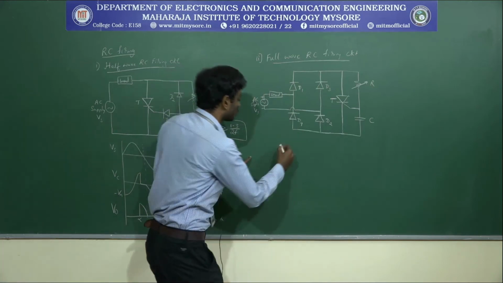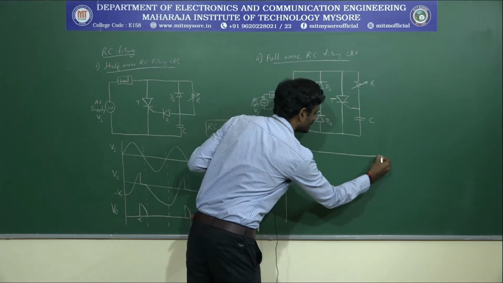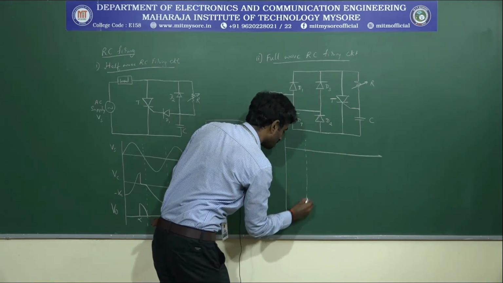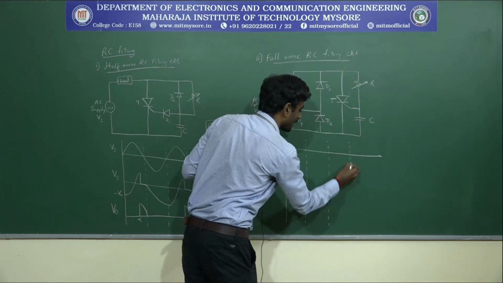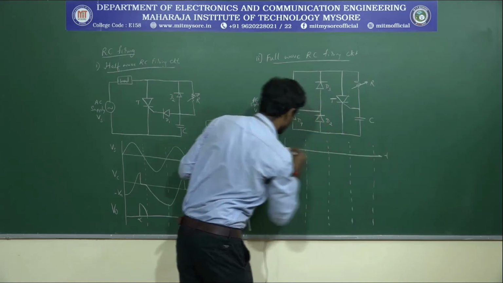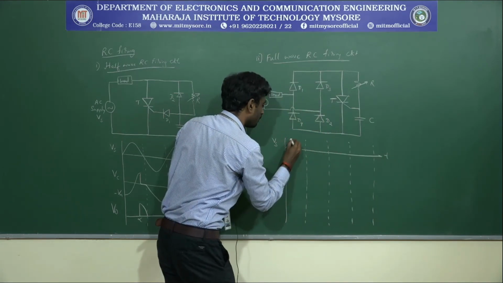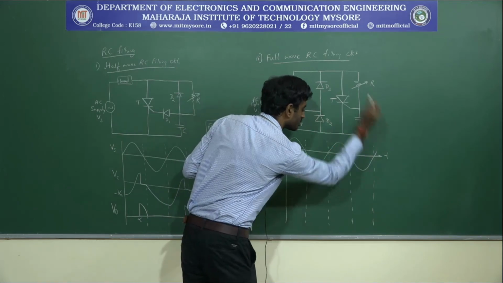If you consider this circuit, I will be applying some input voltage. How it will be working means, I will be applying some input voltage, where that voltage will be a sinusoidal signal. This will be my supply voltage, where it will be having a sinusoidal signal.